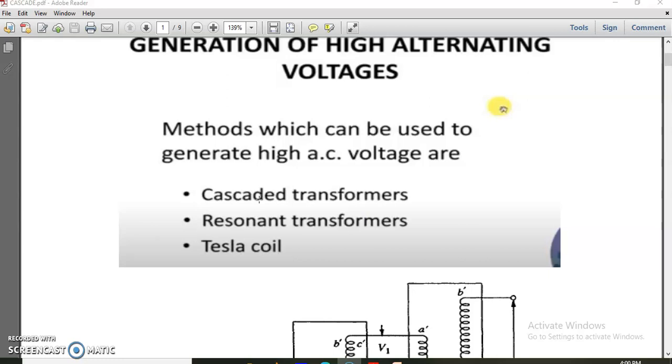For high voltage requirements, single transformer construction becomes difficult and costly, and sometimes insulation problems also arise. As the voltage level for testing increases, a single transformer becomes bulky. To overcome these drawbacks, we go for series connection, that is nothing but cascade connection. Several individual identical transformer units have to be used to develop this cascade transformer.